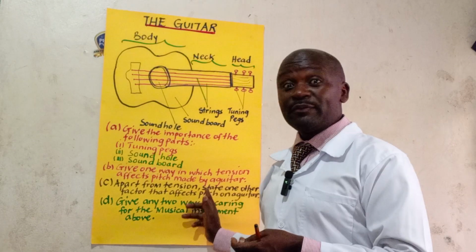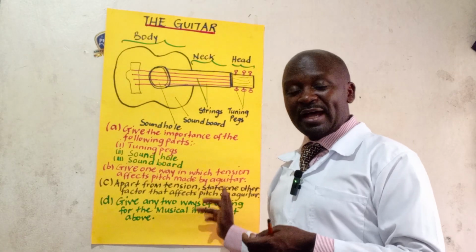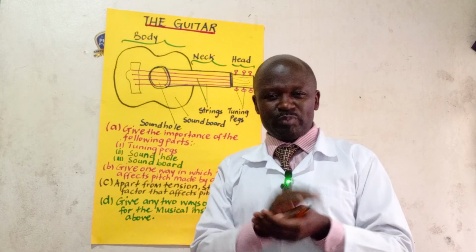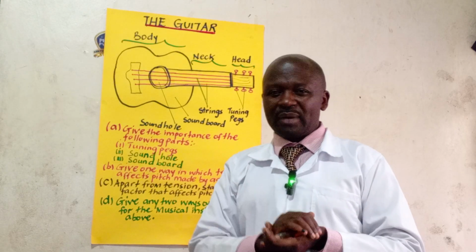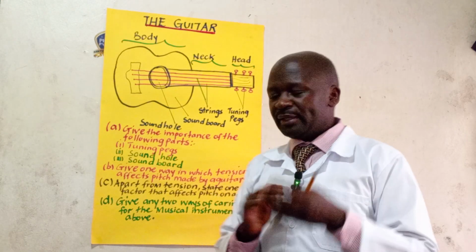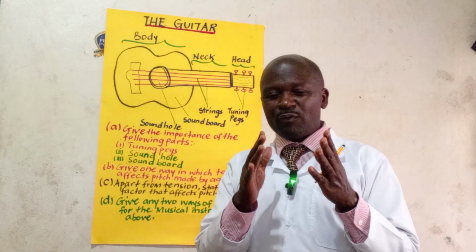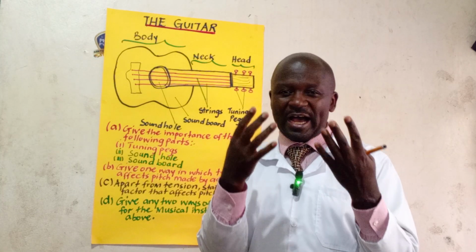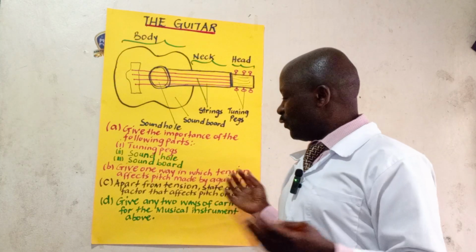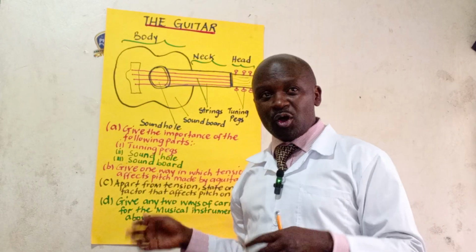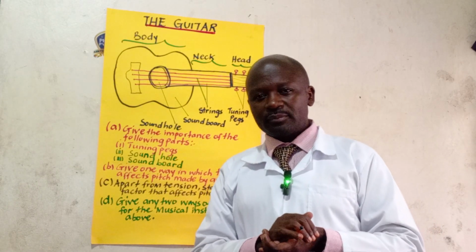Then part C, apart from tension, state one other factor that affects pitch produced by a guitar. Then the last question, give any two ways of caring for a guitar or for the above musical instruments.